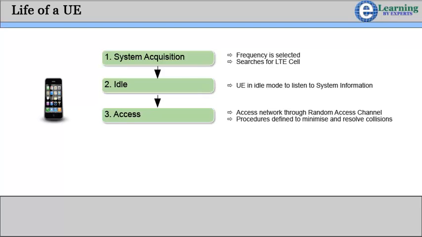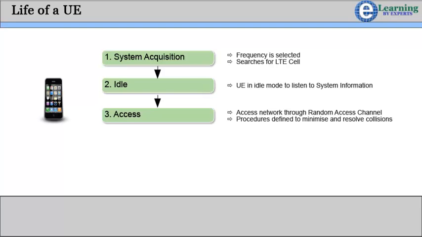The UE tries to access the network using the random access channel. Since multiple UEs may try to access the network at the same time, using the same uplink resources, collisions may occur. So access procedures are defined to minimize and resolve collisions.